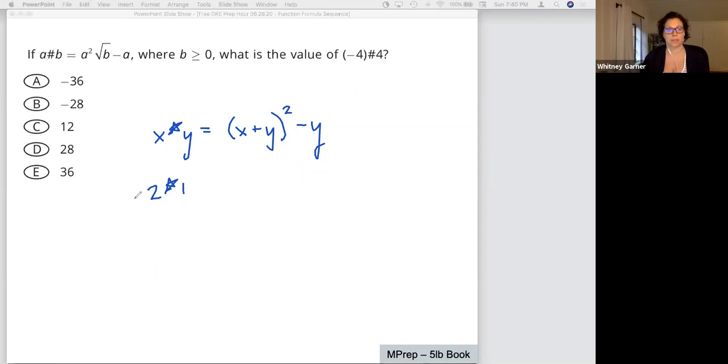Everywhere there was an X, I put a 2. Everywhere there was a Y, I put a 1. In this case, you'd end up with 2 plus 1, I square it, and then I'm going to subtract off that 1. So 3 squared minus 1 is 9 minus 1, or it's 8.